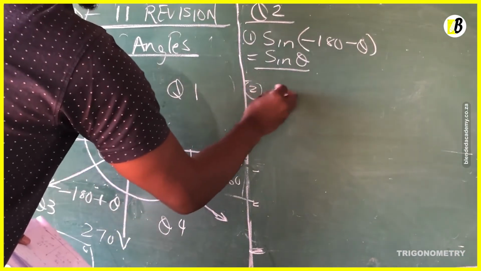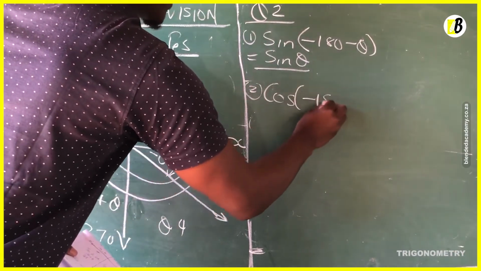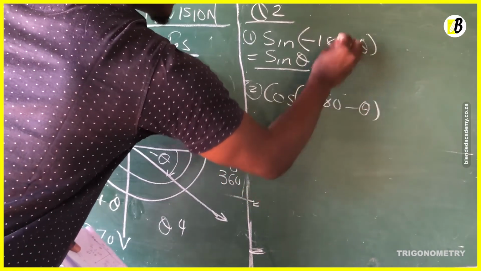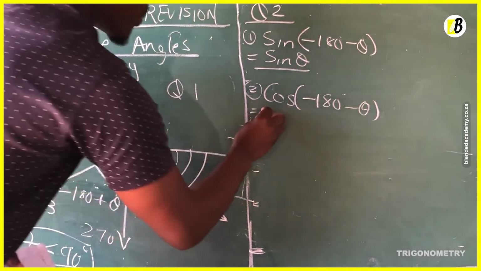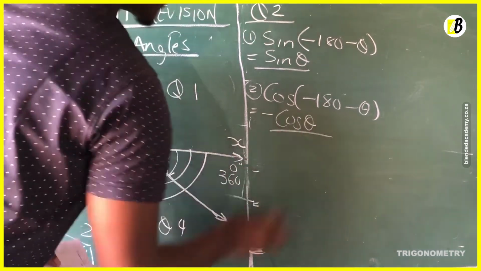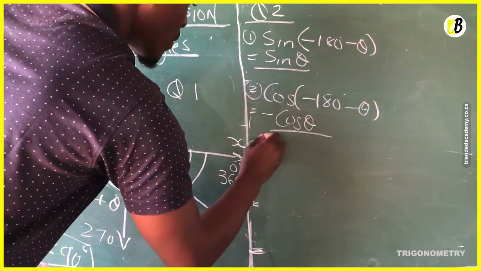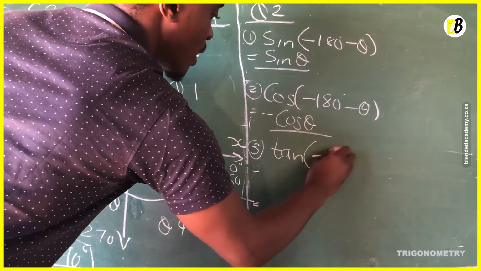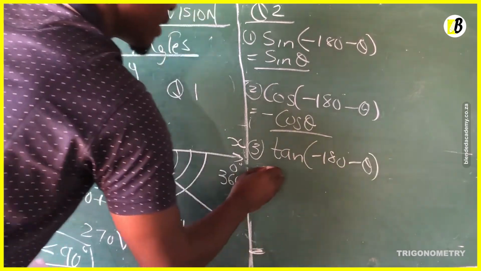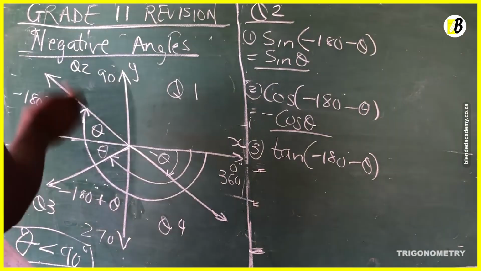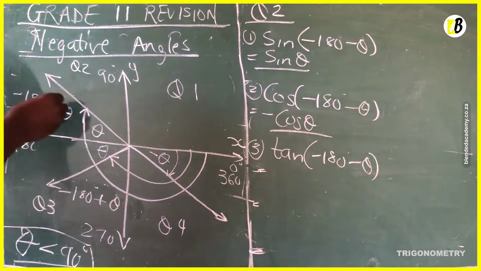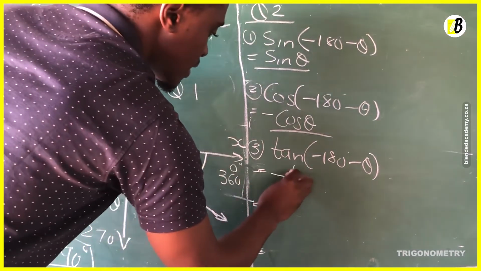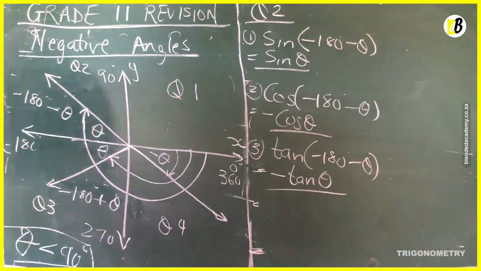And then for the second one, let's work with cos of minus 180 degrees minus theta. This is in the second quadrant also, and we know that cos is negative in that quadrant. So it's minus cos theta. And then let's move on to the last function, which is tan of minus 180 degrees minus theta. It's also in the second quadrant, and we know that tan is negative in this quadrant, so it will be minus tan theta.